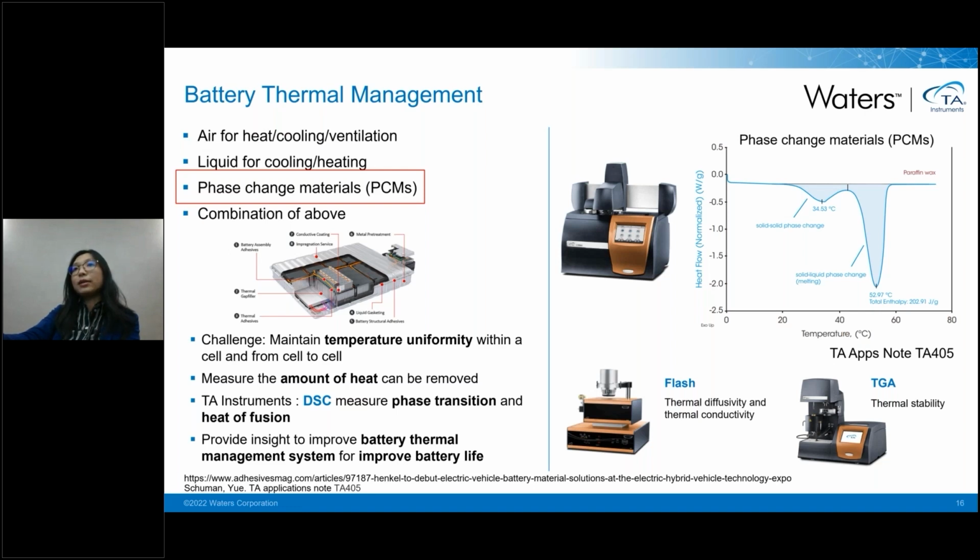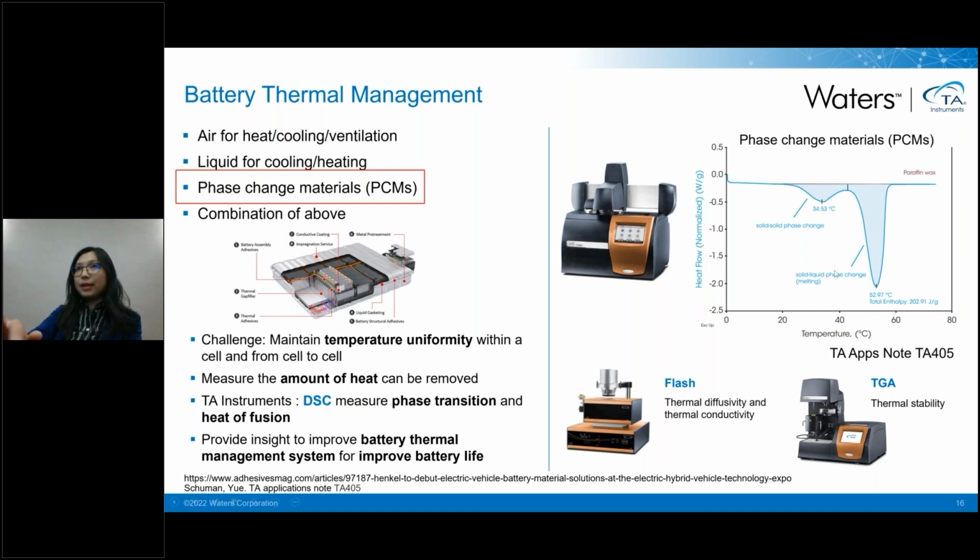Looking at the phase change, you can see that it is an endothermic event. It removes heat during the battery thermal management process. To understand the amount of heat it can absorb, or at what temperature this phase change event occurs, DSC allows you to measure those.